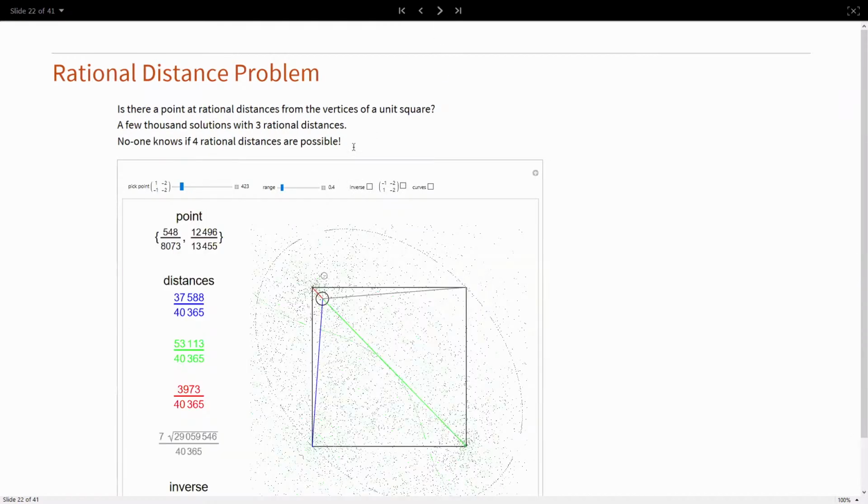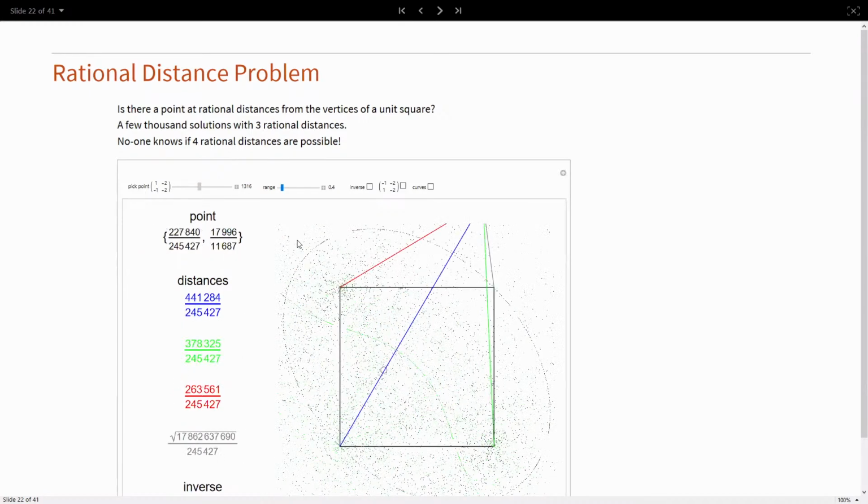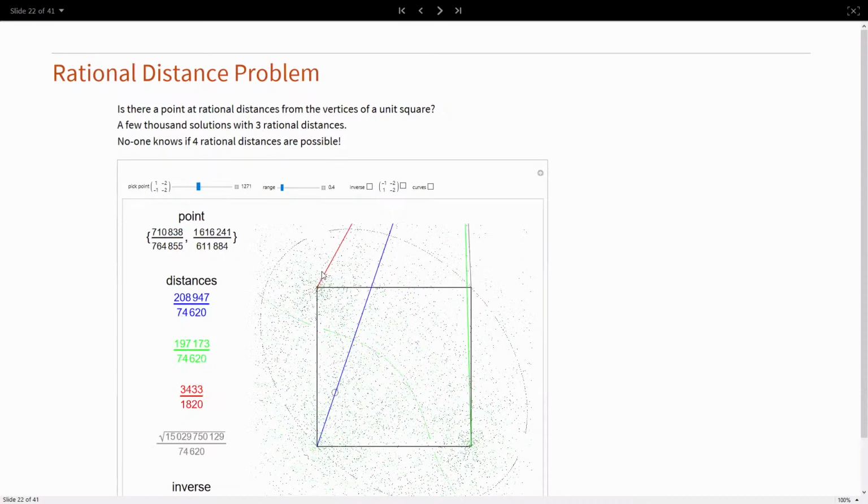We can also look at what's known as the rational distance problem. You have a unit square and you want to find a point which is a rational distance from all 4 corners of the square. With this demonstration I did, I find a few thousand solutions for 3 distances that are rational and 1 irrational.